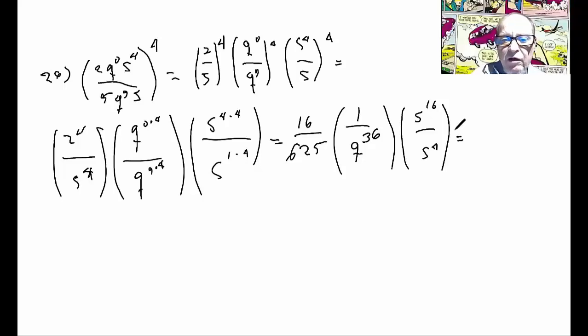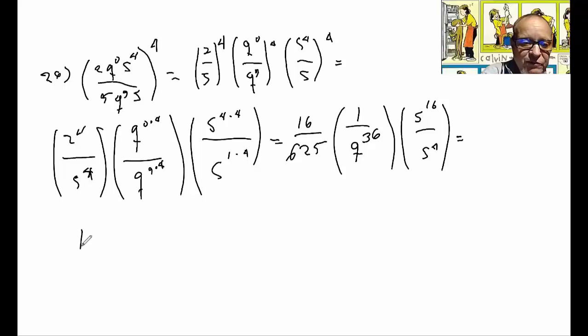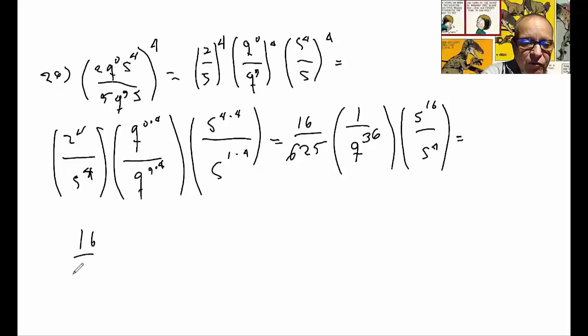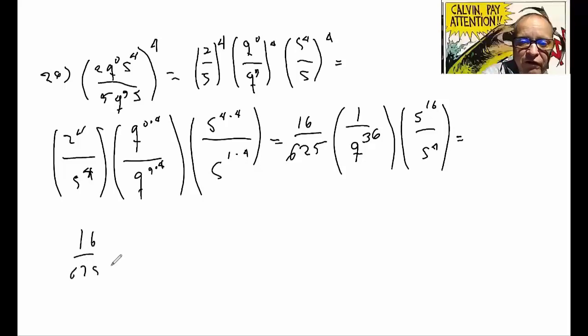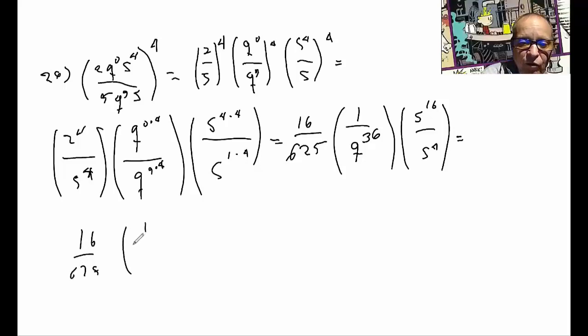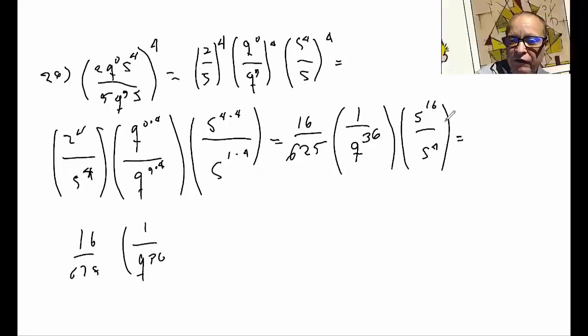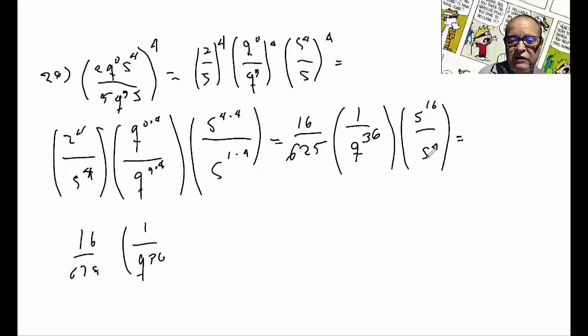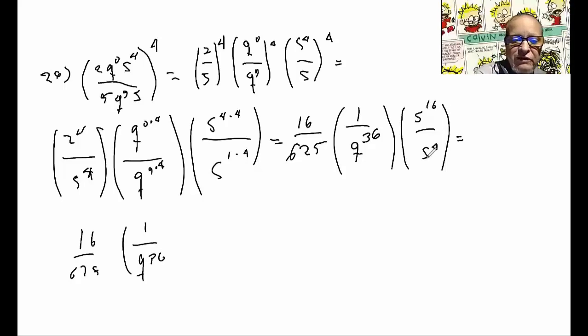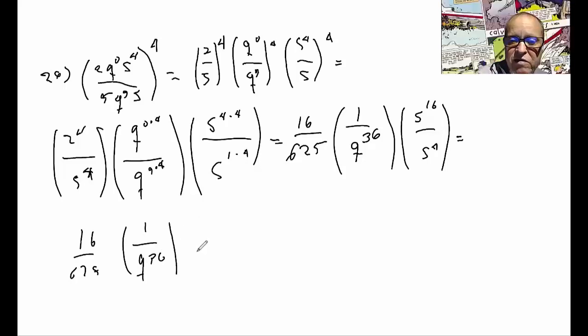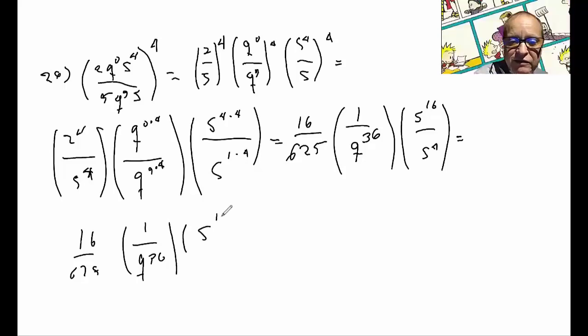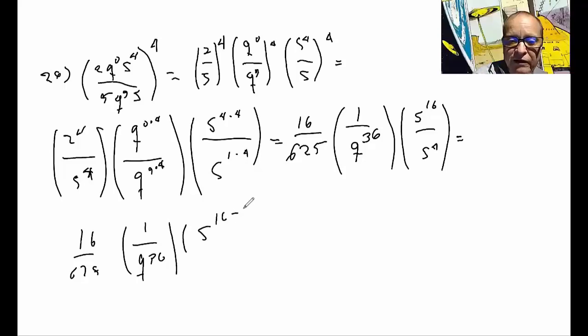I worked it out. To further work it out, I have my 16 over my 625, and then I have my 1 over q to the 36, and here I have 16 s to the 16, s to the 4, so that's going to be s to the 16 minus 4.